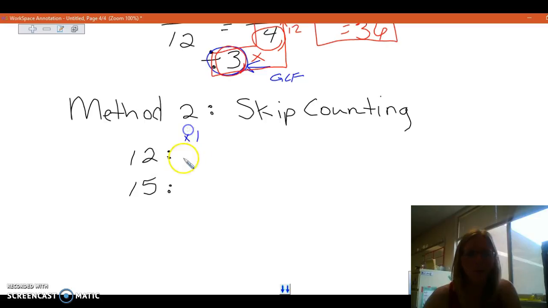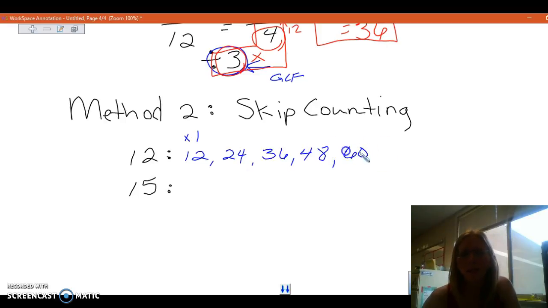Okay, so 12 times 1 is 12. That's where we all start. And then if we count by 12s each time, well, 12 times 2 is 24, 12 times 3 is 36, 12 times 4 is 48, and 12 times 5 is 60. We realize that multiples continue forever. Okay, I normally just do about 5 or 6, and then I give it a rest, and I go to the next one. Okay.